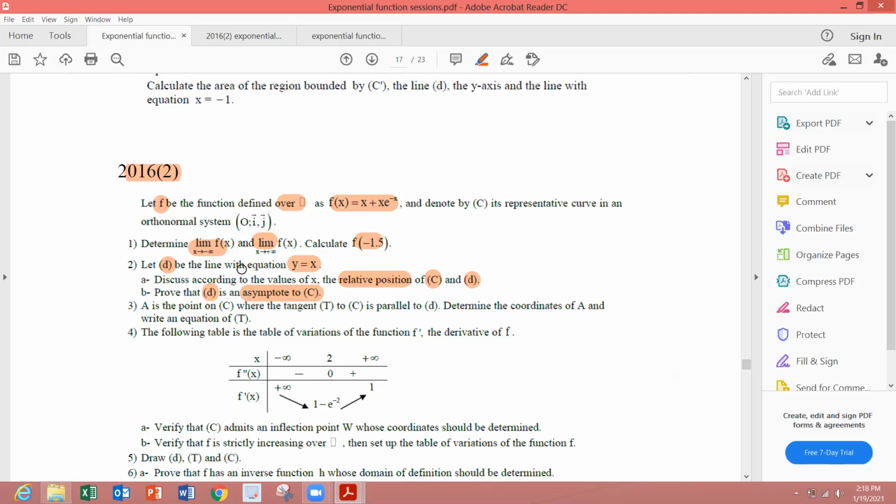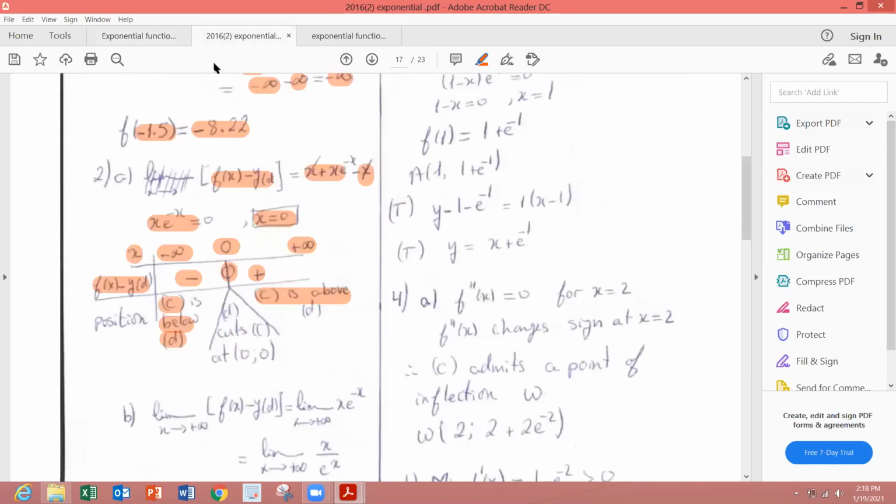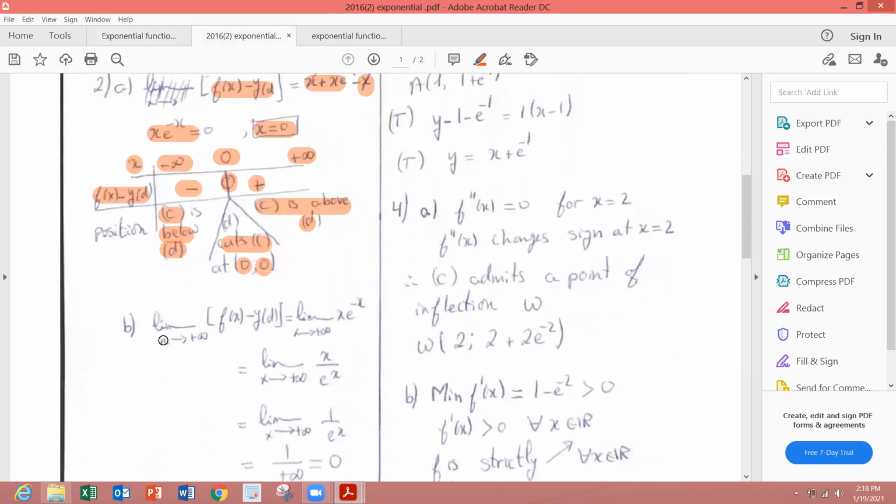So let's try the limit as x tends to plus infinity of f(x) minus y_D. If we don't get 0, then we find the limit as x tends to minus infinity. Yes, but we don't know at which infinity.